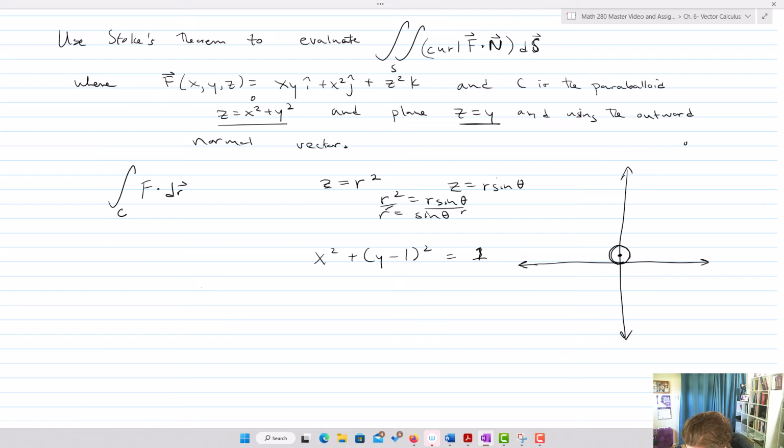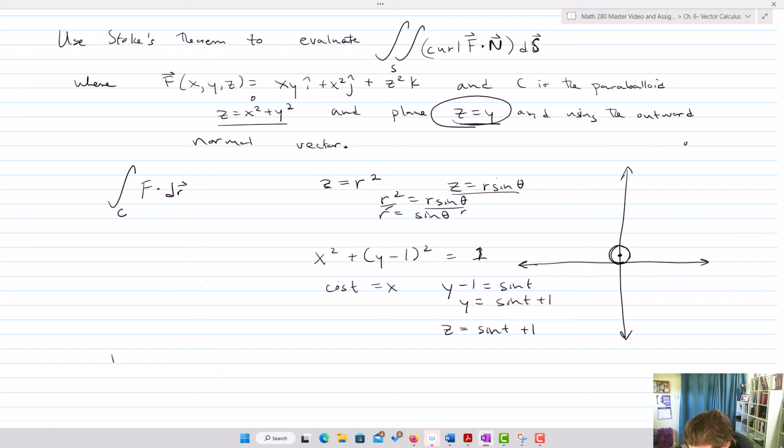So cosine t equals x, and y minus 1 equals sine t, so y equals sine t plus 1. And because z equals y is my plane, and I'm concerned with the figure on the plane, I'm going to let z equal sine t plus 1 as well.